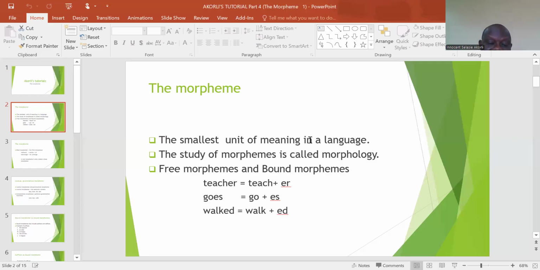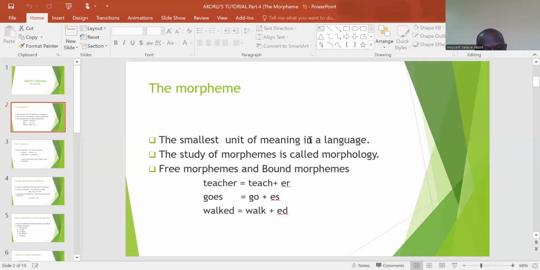But teacher can be broken down at least into two morphemes, teach plus ER, so that the ER here is, let's call it, a noun forming morpheme, which also means the doer of an action. So the person who teaches is a teacher.